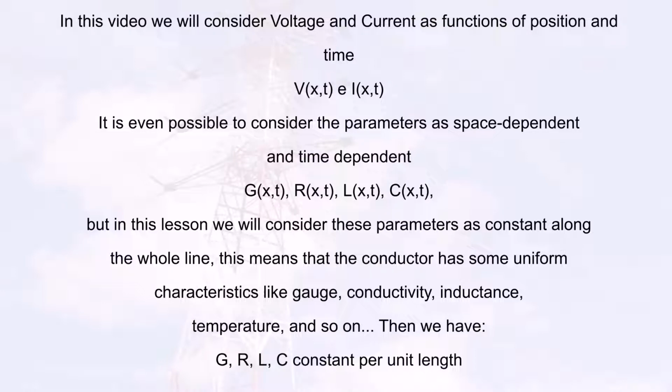So these will not vary, and the only variation that we will see will be in the voltage signal and in the current signal. These constant parameters mean that our transmission line will be the same material, of uniform gauge, conductivity, and inductance along the whole length.